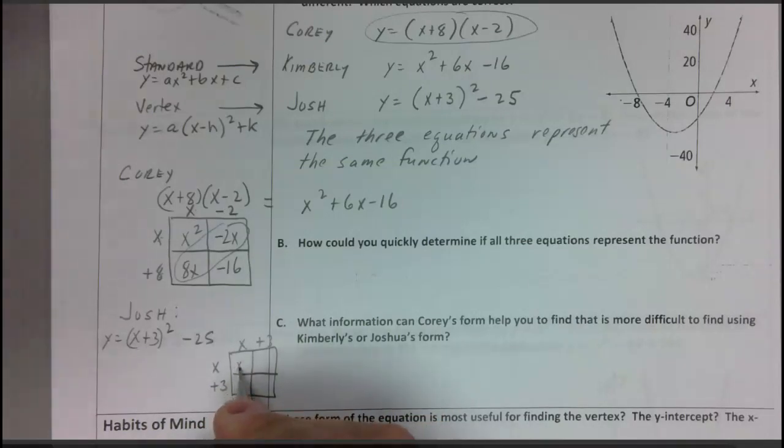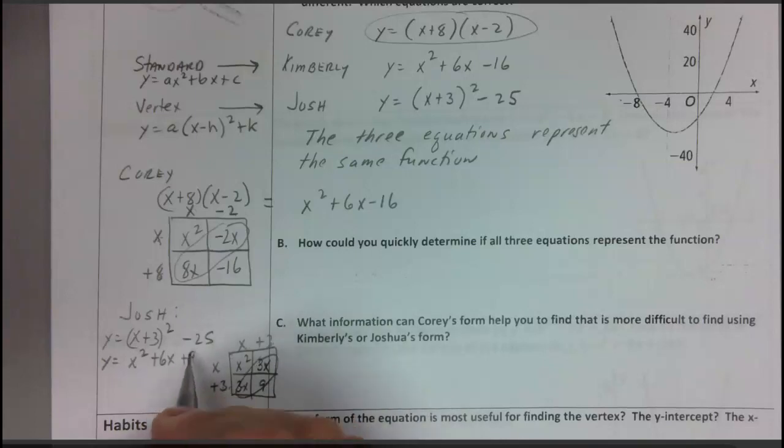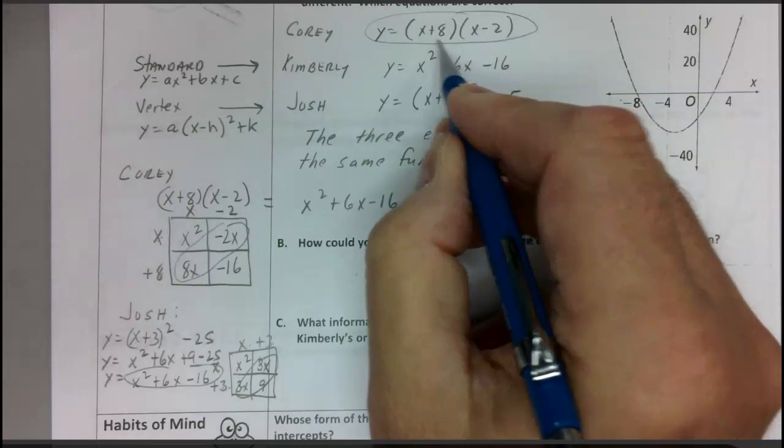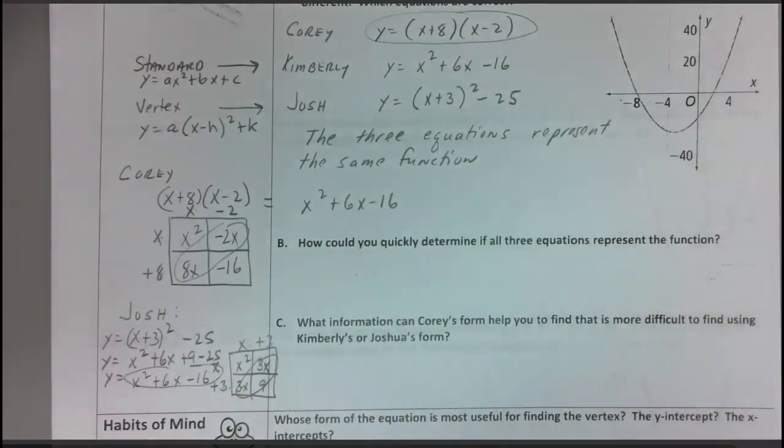I get x squared, x times 3 is 3x, 3 times x is 3x, and 3 times 3 is 9. Combine those, so we get y equals x squared plus 6x plus 9, and then I've got my minus 25, so I add these two together. I get y equals x squared plus 6x, and 9 minus 25 being negative 16. So you'll notice it's the same as Kimberly's up here too. So they are the same equation, just in different form.